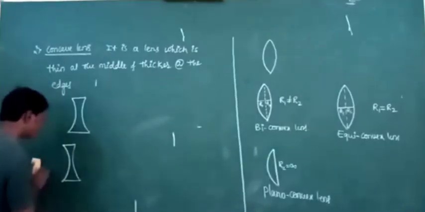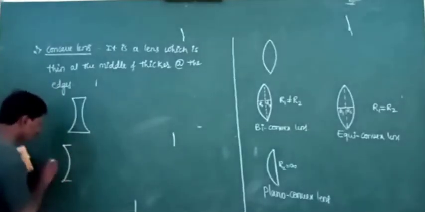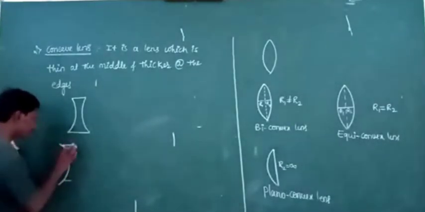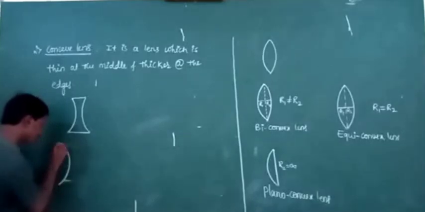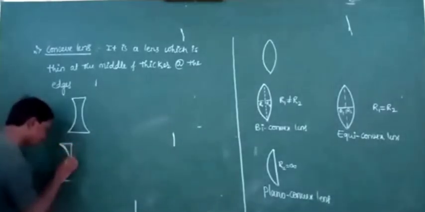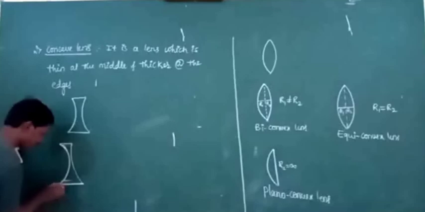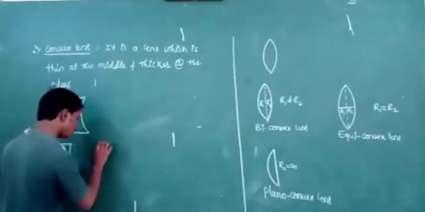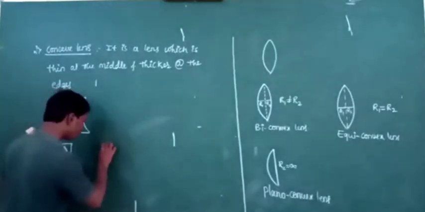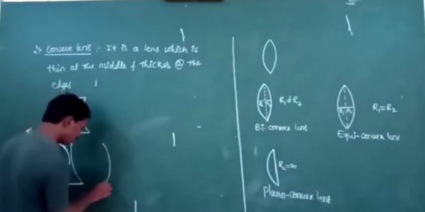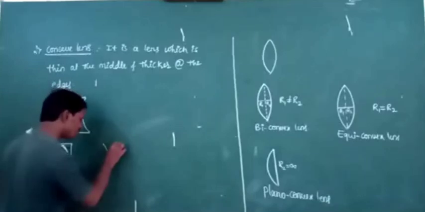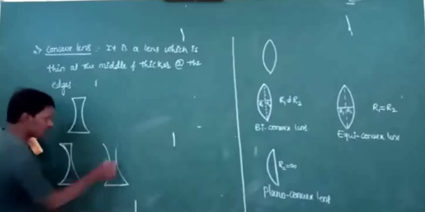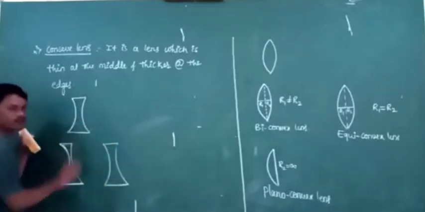It is a biconcave lens. Next, planoconcave lens. The concave lens whose curved surfaces have the same radii of curvature is called equiconcave lens.